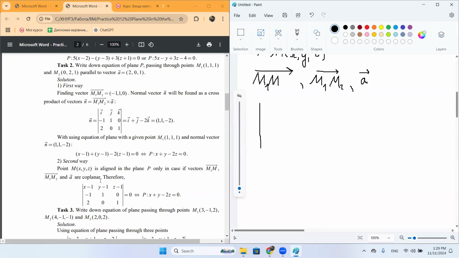X minus 1, y minus 1, and z minus 1 are the coordinates of the vector m1, m. Here are the coordinates of vector m1, m2, and here are the coordinates of vector a. Using such a form, we received the same result. Any questions about such kind of solution? No.